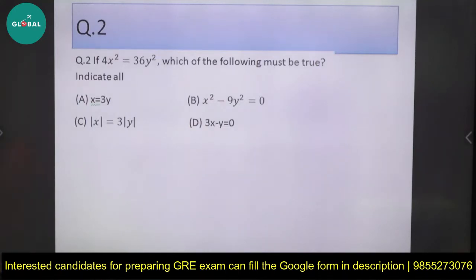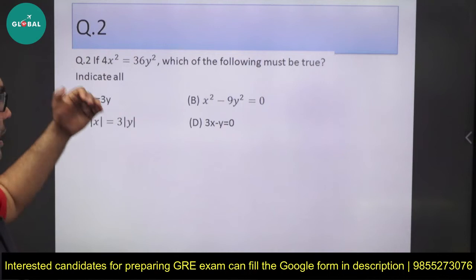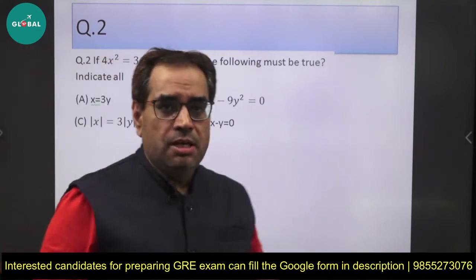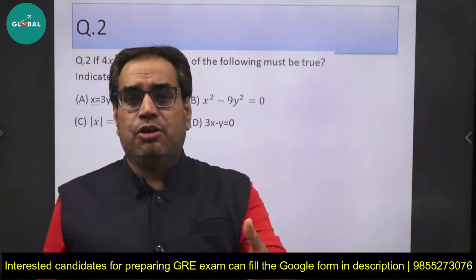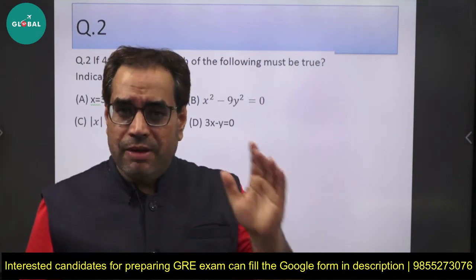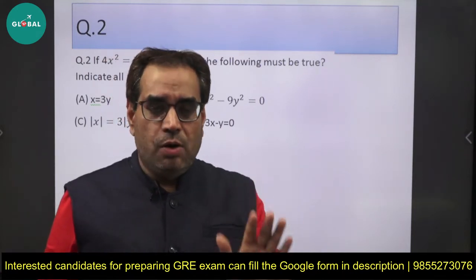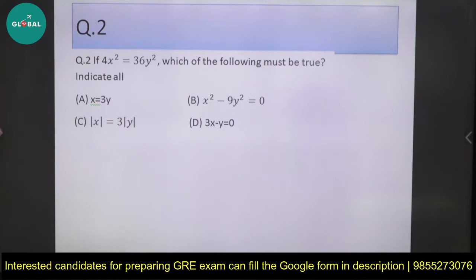Now just read this question and try to find the solution. They are saying "indicate all", which means you have to identify all correct answers. So in the GRE exam you may get questions where more than one option may be correct, multiple options may be correct.